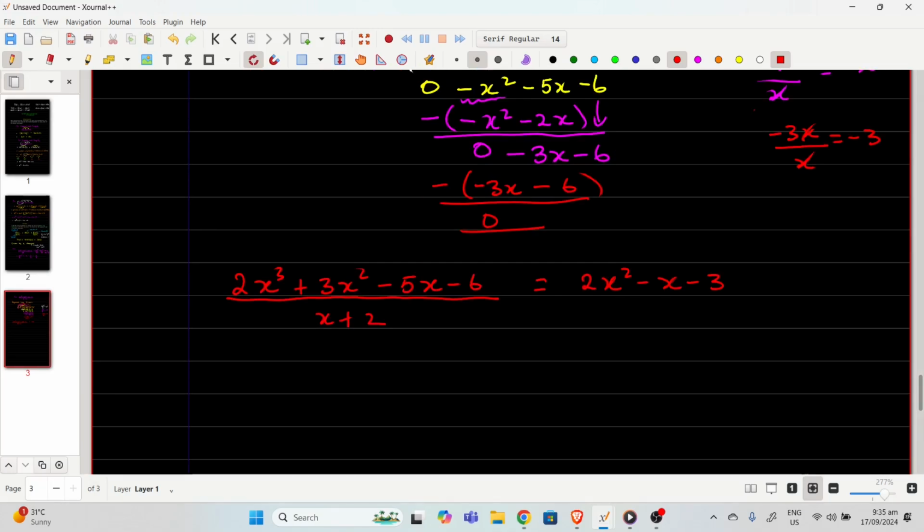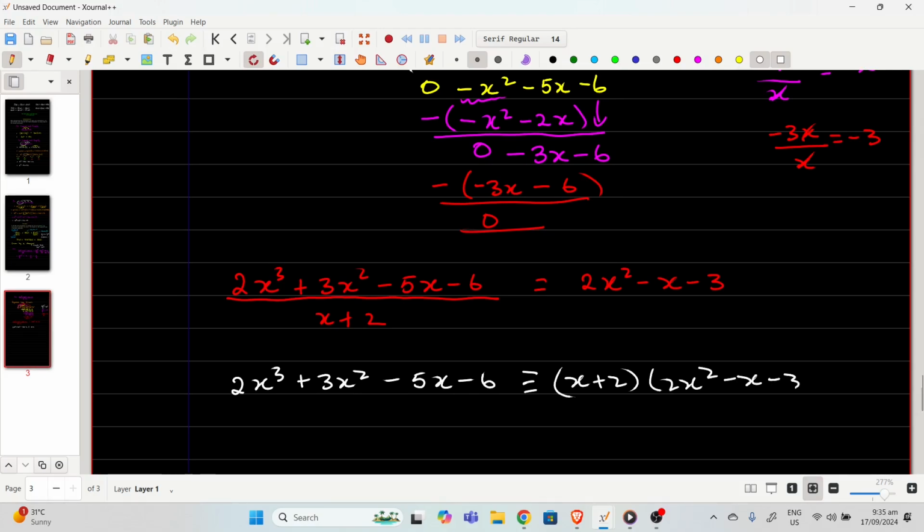Another way we can write this is to say that 2x cubed plus 3x squared minus 5x minus 6 is equivalent to x plus 2 times 2x squared minus x minus 3.